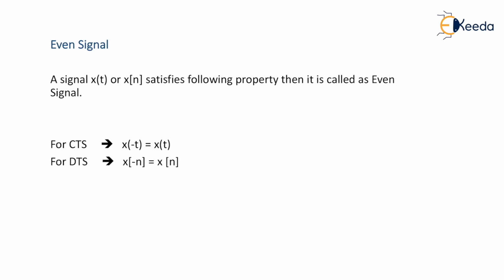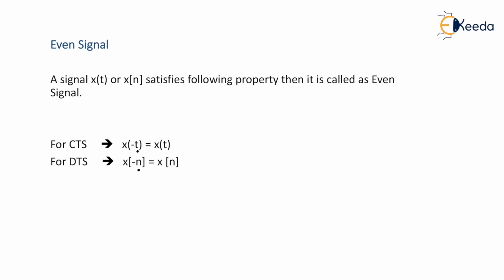If x of minus t happens to be x of t again, then the respective x of t is called an even signal. Exactly similar definition for discrete time signal. The only difference is that instead of t, we use n. So if x of minus n happens to be x of n only, then the respective x of n signal is called an even signal.